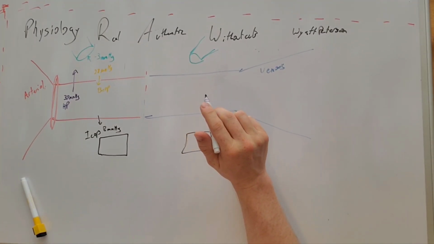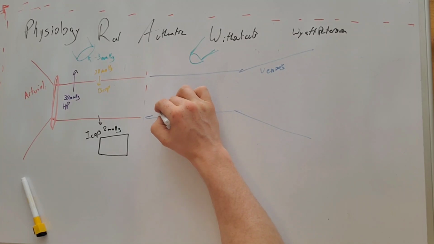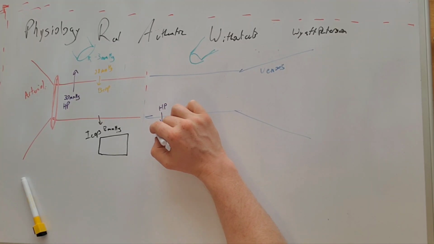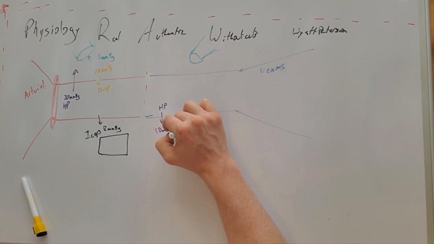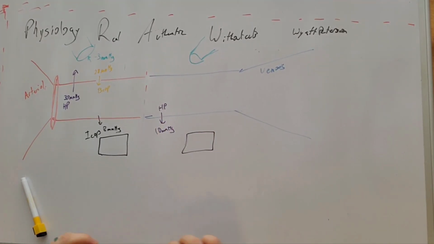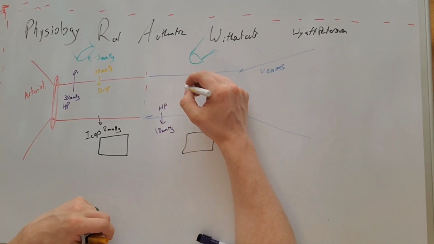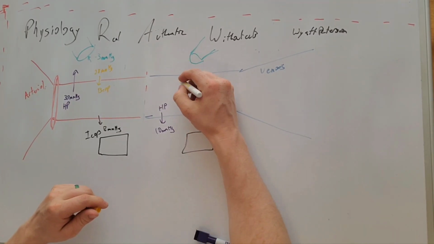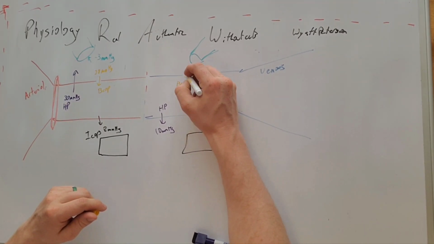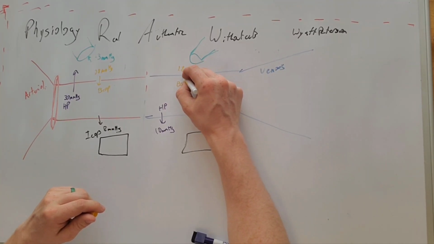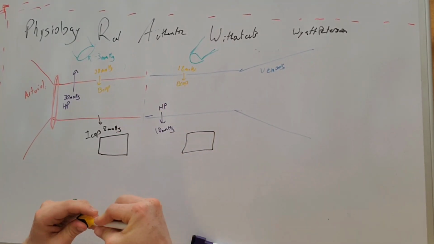So on the venous side, we have the same pressure, so we have the hydrostatic pressure pushing out, but that one is only at 10 millimeters of mercury this time. Then we have that same amount of B cup, that 28 millimeters of mercury going out.